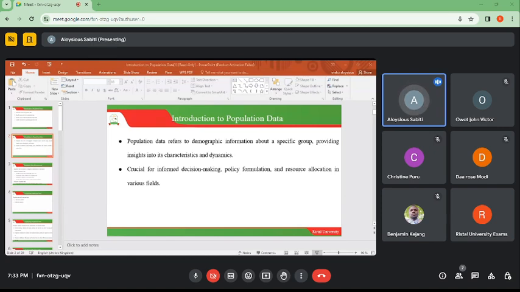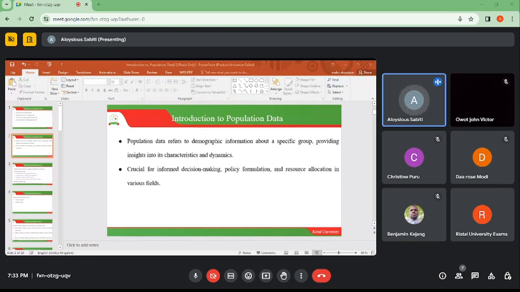So in an area or population where the population has women who are above the age of 49 with the highest number, it will be very absurd that you take family planning services there, because these are people who are away from the reproductive age.